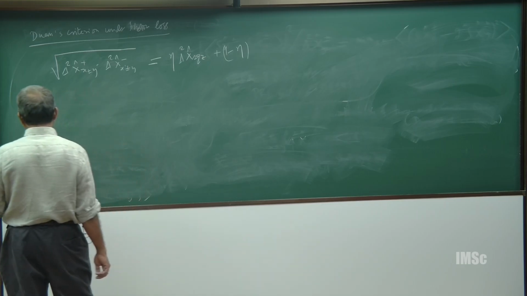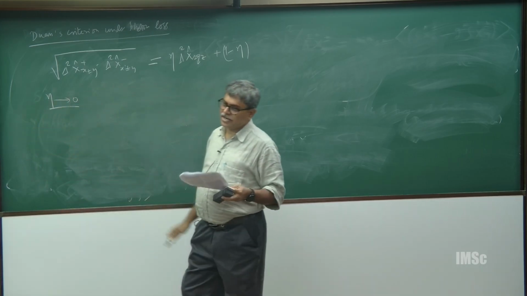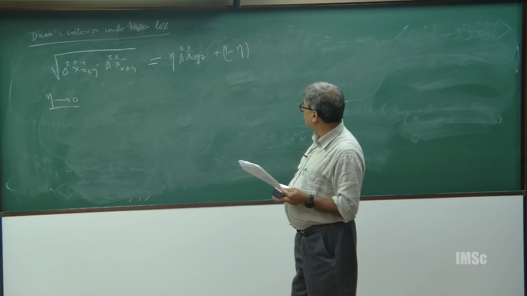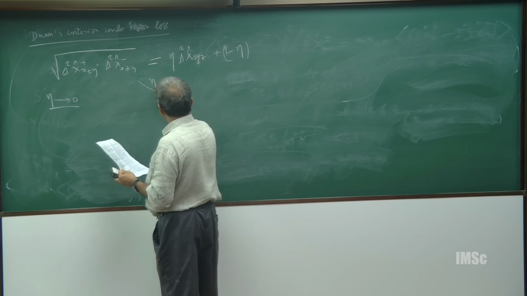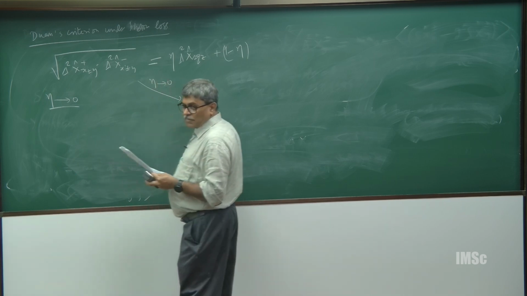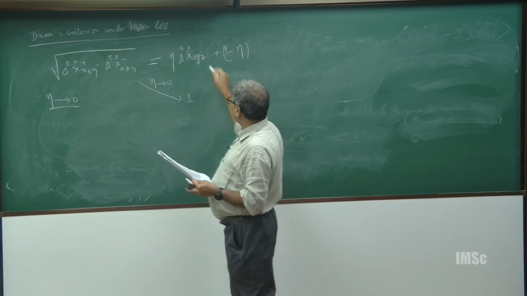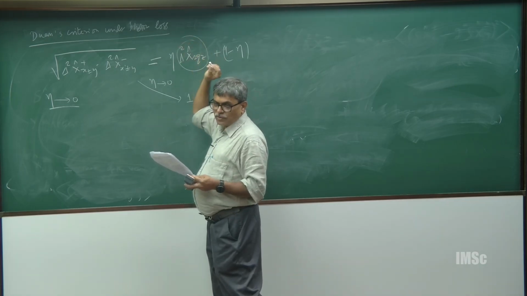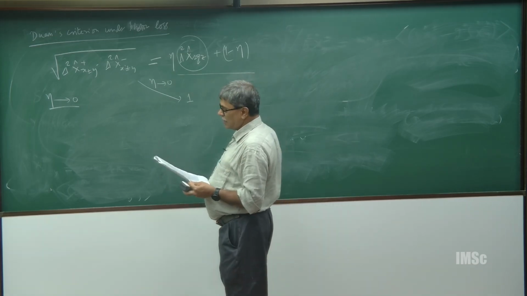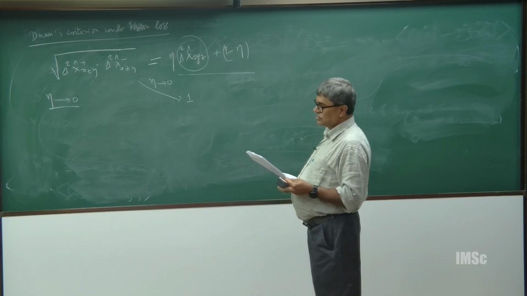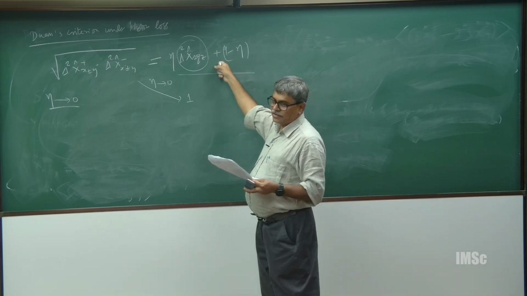So, what happens if I take eta going to 0? That means a very bad detector. So, this approaches 1, right. But how is it behaving, assuming this is small enough? If I put eta equal to 0, then this is 1.